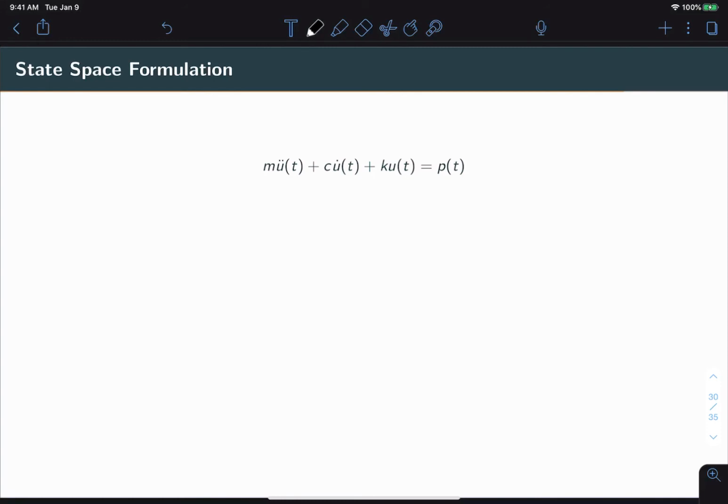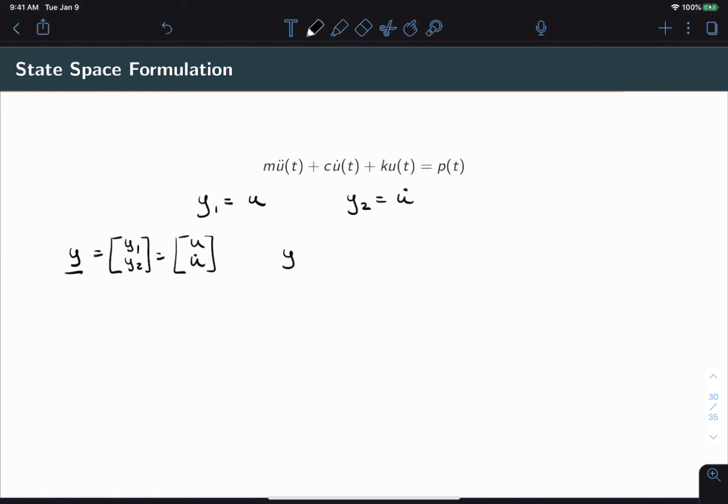So we're going to define, first of all, a variable y1. We'll set that equal to u, and then we'll define a variable y2, and we'll make that u dot. That means that we define a vector which is simply y1 and y2, or in other words, u and u dot.